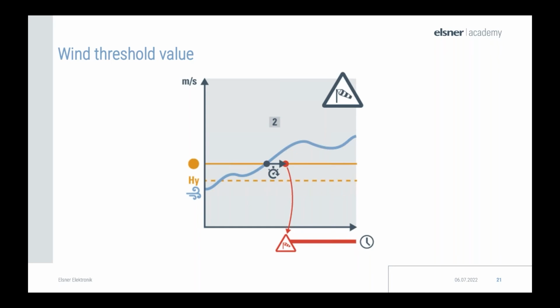The yellow line is our set wind threshold value, and the yellow dashed line is our hysteresis. Only if the wind speed is below or above the set hysteresis, anything will happen, because in between, you do not want your facade to move if there's just a slight change. You need to have this over time in order to get an action from your facade automation.